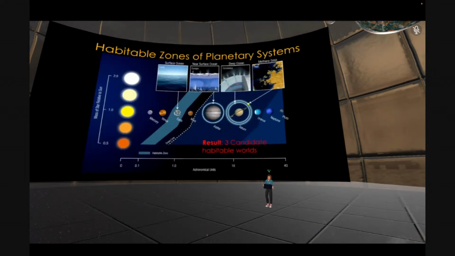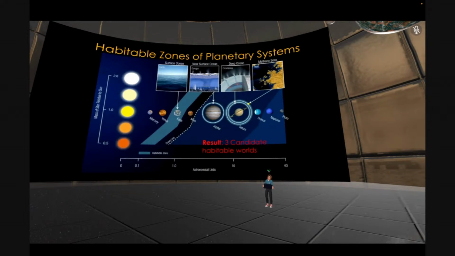And what we see in here, if we go back to our habitable zones, is that while before we were thinking of Venus, Earth, and Mars being in the habitable zone, we have learned that some of these moons in the outer solar system support liquid water in oceans.